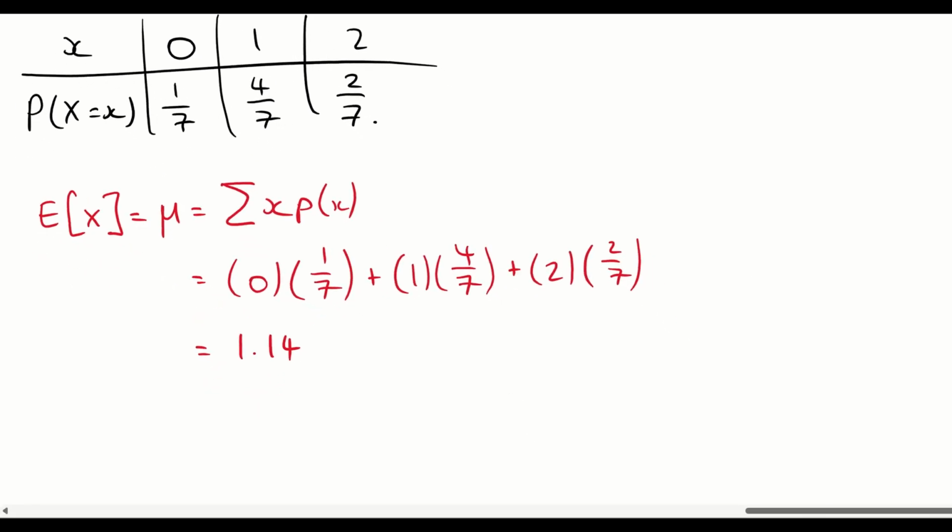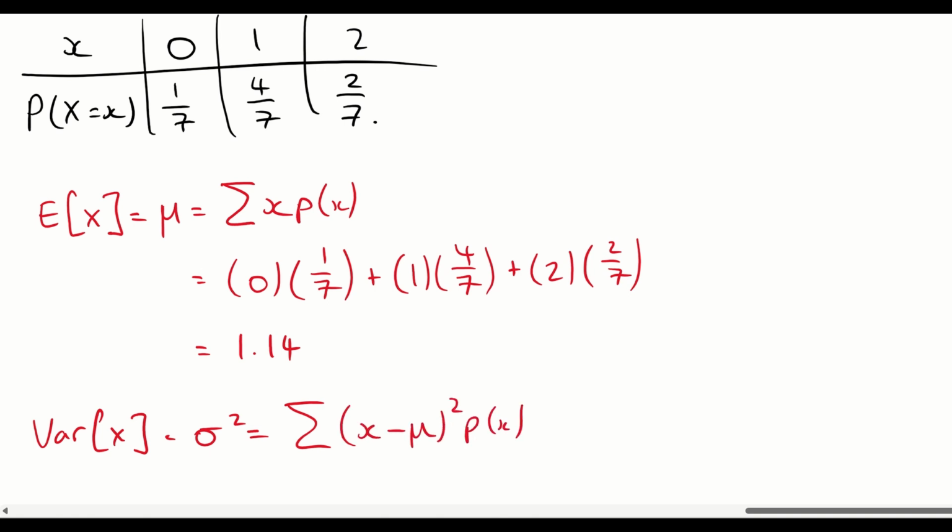Now, if I want to find the variance of x, that's just my sigma squared, which is the sum of, remember, my x minus my average squared times the probability of x. So I would put my 0 minus my average, which is 1.14. I would square that, and then I'd multiply that by the probability of getting a 0, which is 1/7.